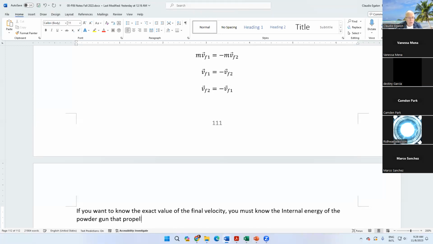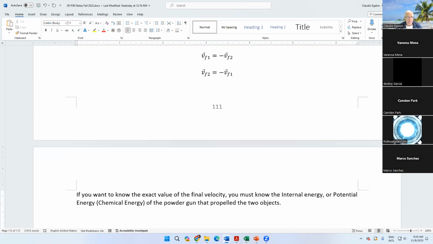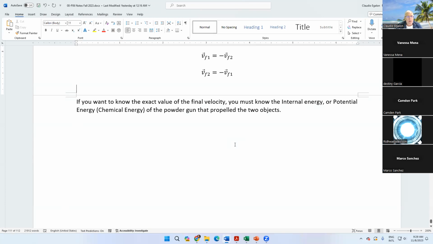That propelled the two objects, or the potential energy, the internal energy or potential energy, let's write down, or potential energy, which is also referred to as the chemical energy of the powder gun that propelled the two objects. Two objects, okay?